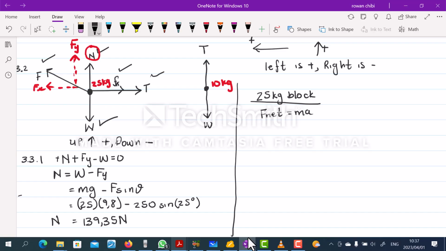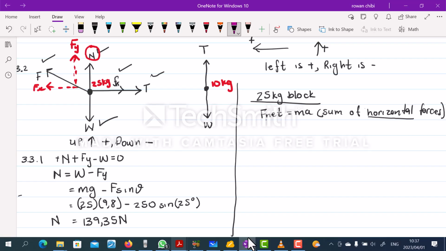So F net means we must look at the sum of horizontal forces. In fact, it's a sum of all these forces, but focus mainly on the horizontal forces because they are the ones that are causing the block to move either to the right or to the left. They will cause the acceleration. That's what the law says.